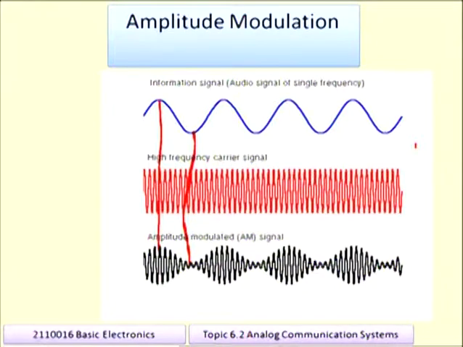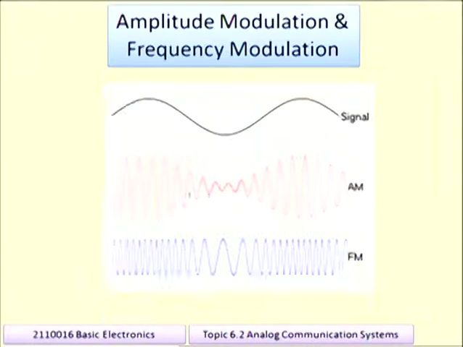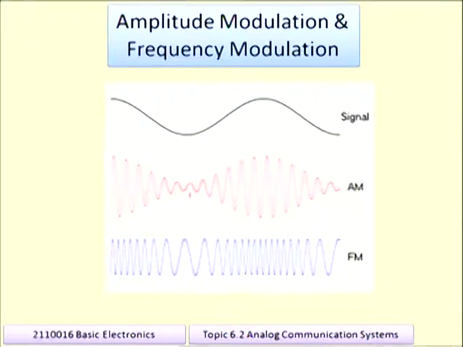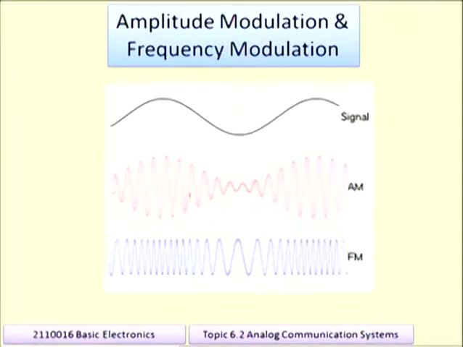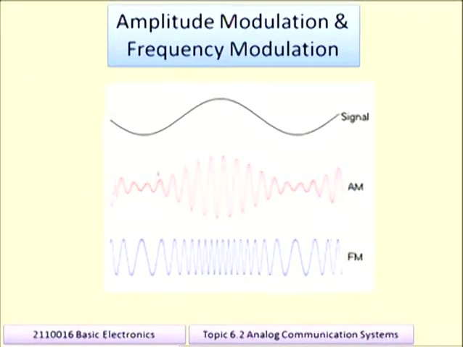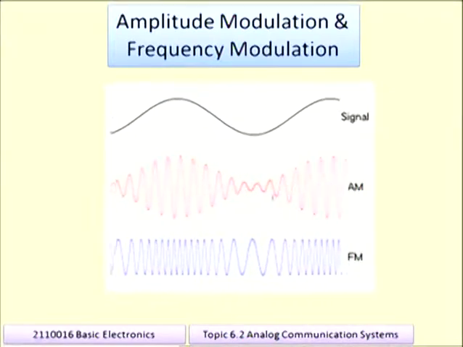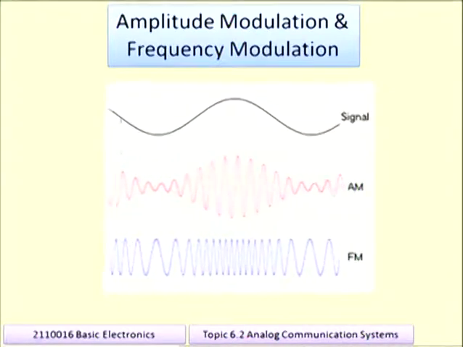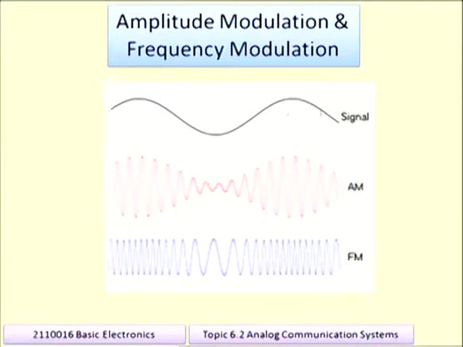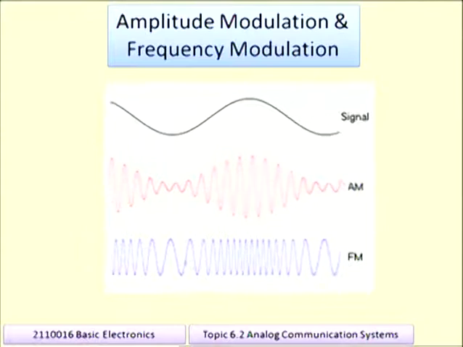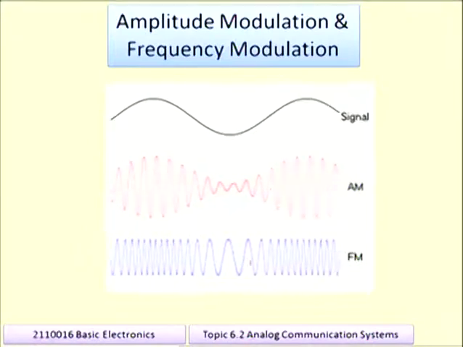You can look here that this is the amplitude modulation. Then there is frequency modulation. In this diagram, amplitude modulation and frequency modulation are both shown simultaneously. This is the amplitude modulation, where the amplitude of the carrier varies with respect to time and with respect to the instantaneous amplitude of the information signal, whereas here you can see that the carrier frequency changes.